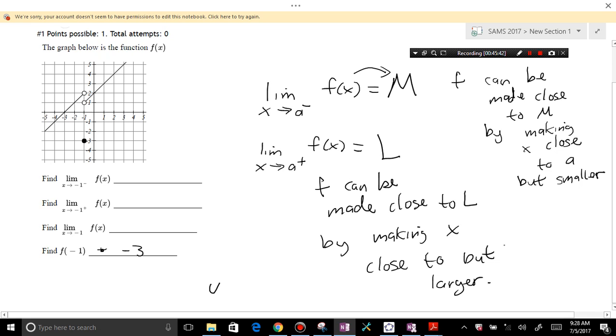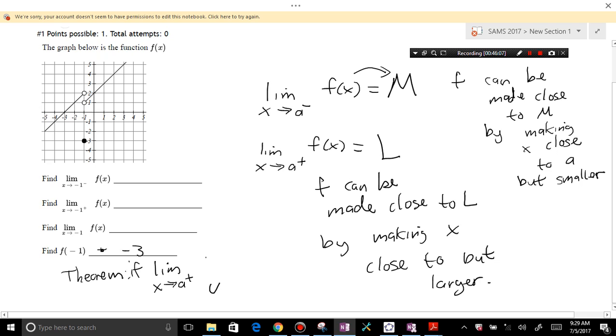There's a theorem that says, let's write the theorem. The limit as x goes to a. A theorem is just an if-then statement. Here's the if.